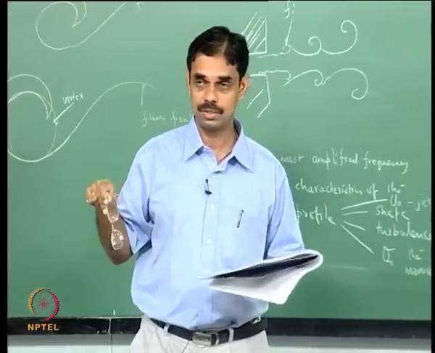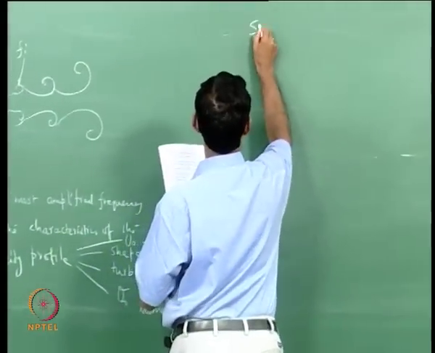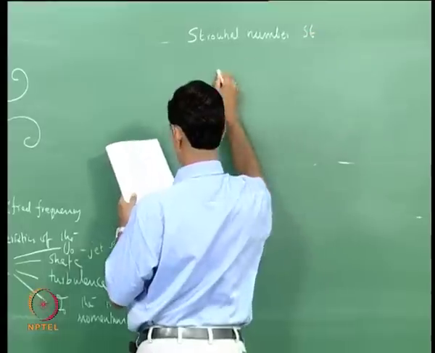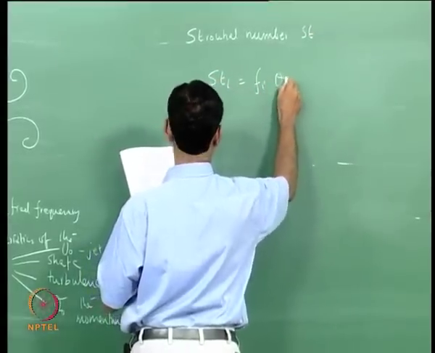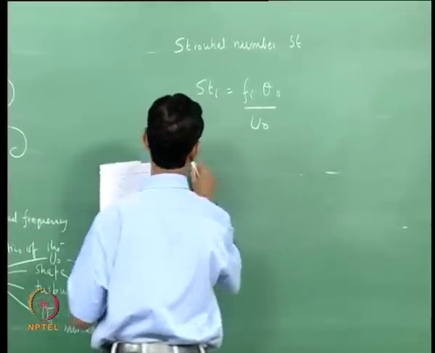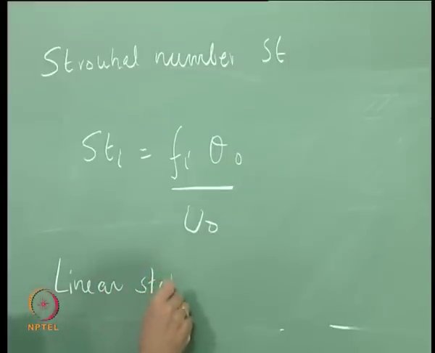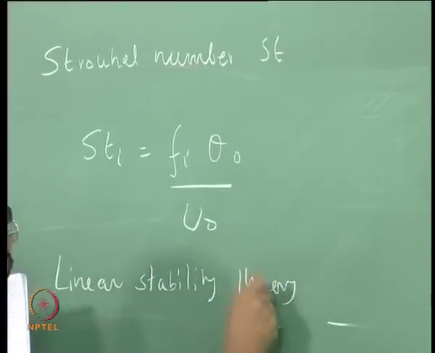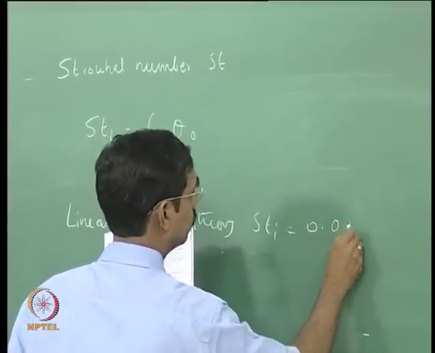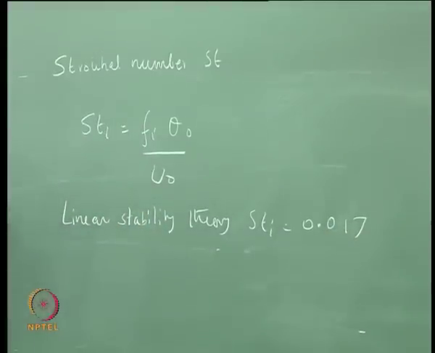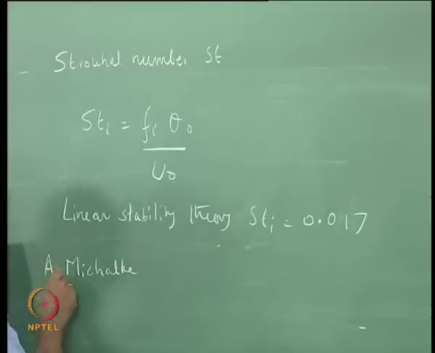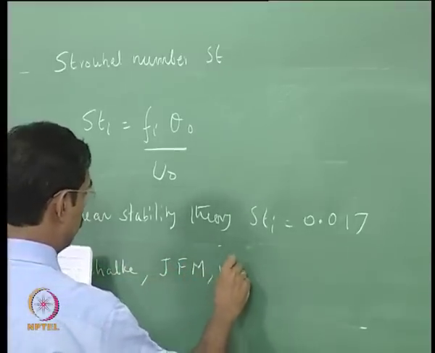Similarly you can also have a Strouhal number denoted by St. So Sti equal to Fi theta naught over u naught, and typically people have done linear stability theory and found that from linear stability theory Sti equal to 0.017, and the reference would be Michalke, JFM, volume 23.